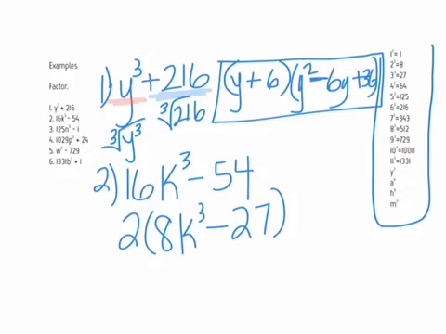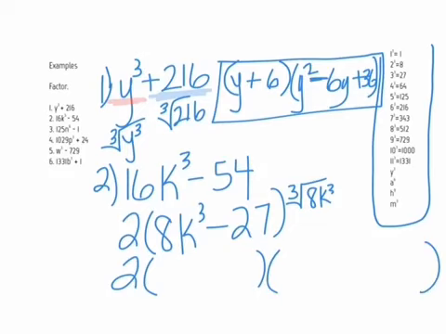Okay, so the next thing I'm going to do then is bring down my 2. I am going to take the cube root of 8k cubed. I'm not going to do that yet, sorry. I'm going to put an empty binomial, empty trinomial, and use SOAP. Remember, this sign and this sign are the same, so a subtraction sign will go here.